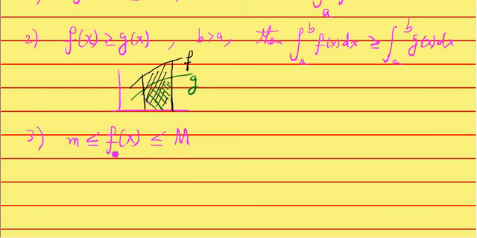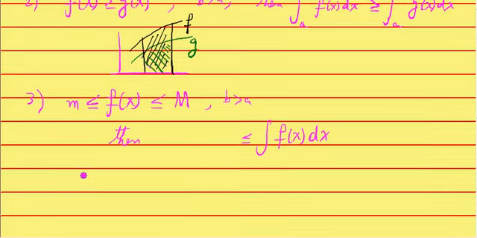If the function f is at least some number little m, at most some big number capital M, and you're integrating your function over ordinary interval from a to b, then you can conclude that integral of f of x dx is going to be at least equal to the integral you get by just using m. Let me go draw a picture for you. It will be very trivial on a picture.